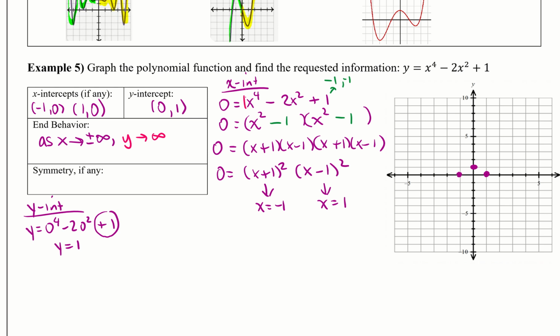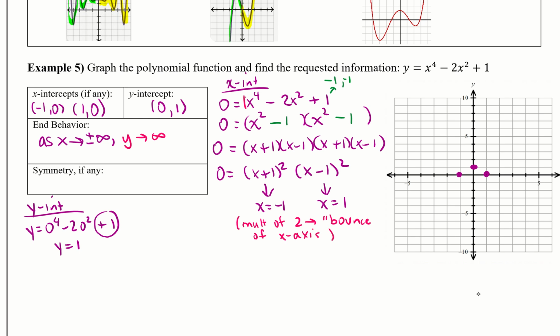Something that I think is helpful to understand with the multiplicity is what happens with the x-intercepts. If the multiplicity is an even multiplicity, and these both have a multiplicity of 2, these bounce off the x-axis. They don't cross the x-axis.